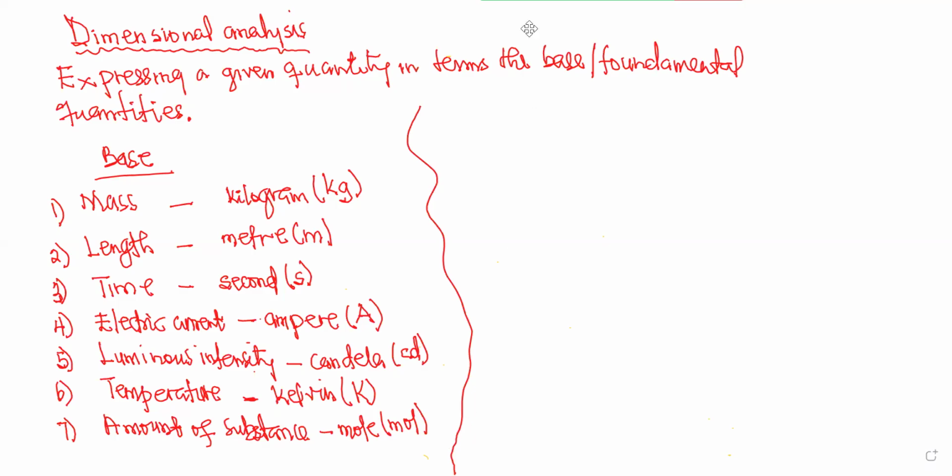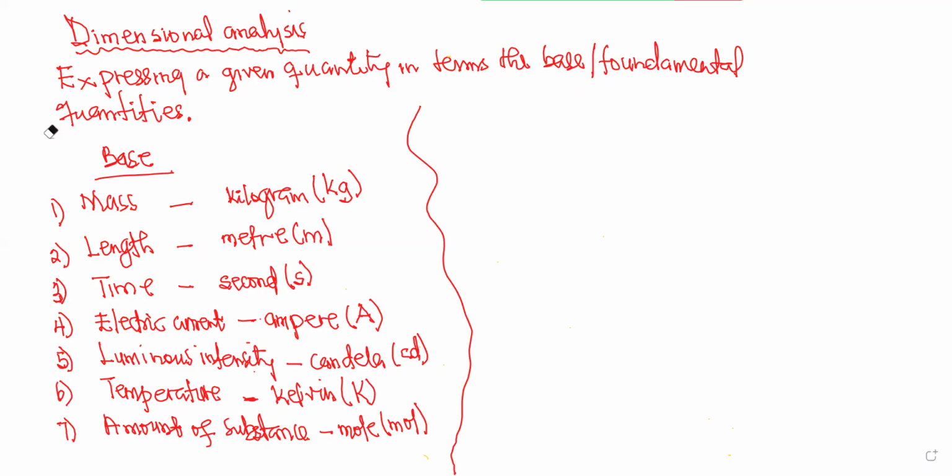So when we talk about dimensional analysis, all we are saying is that we want to express a given quantity in terms of the base quantities. Expressing a given quantity in terms of the base or fundamental quantities is what embodies dimensional analysis.